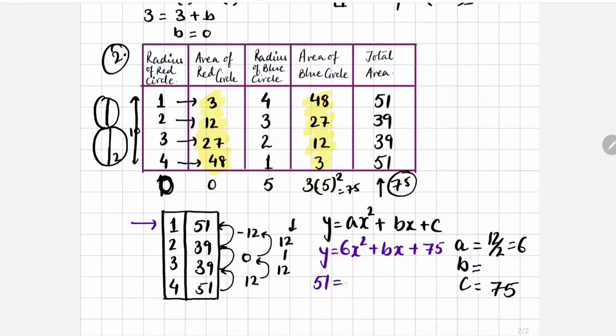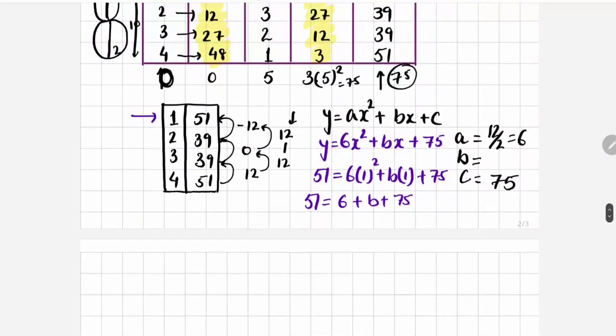So 51 is equal to 6 times 1 square plus b times 1 plus 75. 51 is equal to 6 plus b plus 75. So that is now going to be 51 take away 6 take away 75 is equal to b.